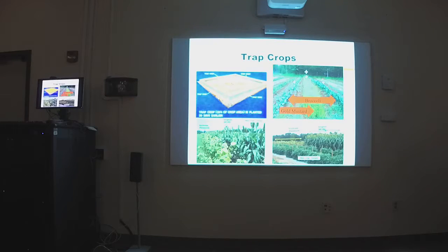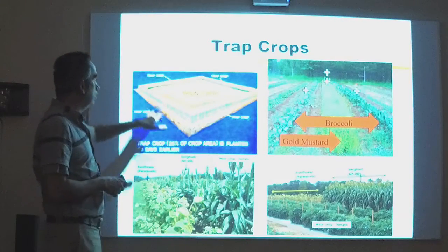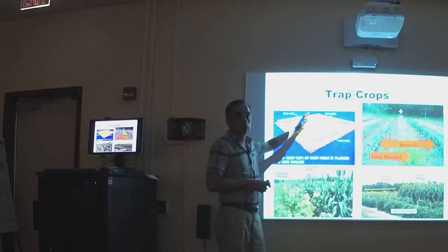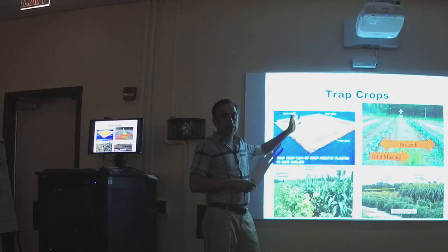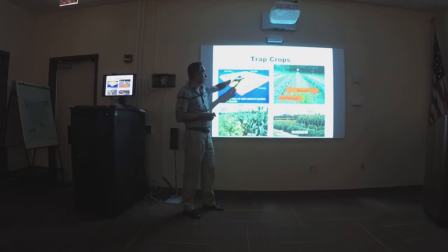So, trap crops, as we were talking about: you want to put them around your main crop and plant them 10 or 20 days before your main crop, because they will be ready before it if you're planting the same thing, right?